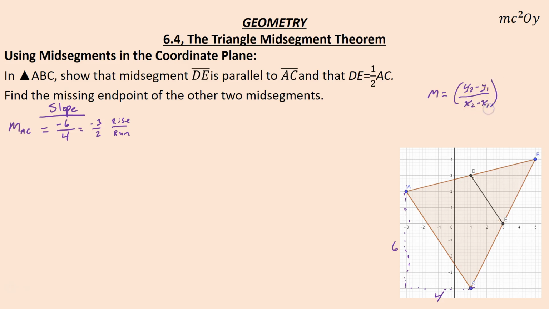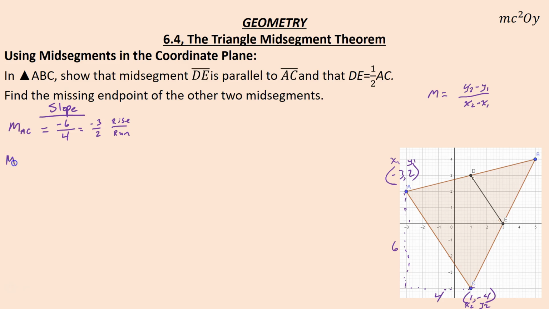If you looked at point A at -3, 2, and point C at 1, -4, you could think of these as x1, y1 and x2, y2. I'm not going to calculate that out, but it will give you -3/2.